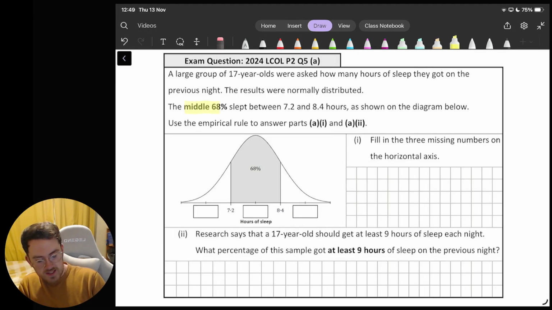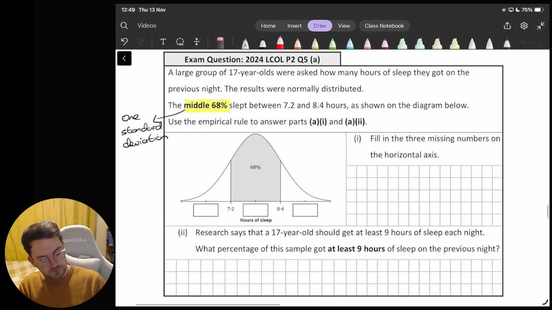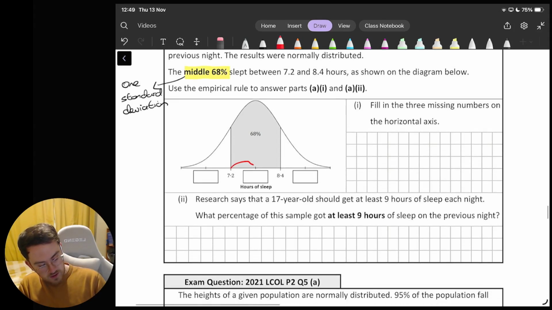We already know that 68% should represent one standard deviation. So going up one of those standard deviations, one of those steps, and going down one of those standard deviations. So going from here to here and from here to here should be 2 steps or 2 standard deviations. Let's see what that distance is. 8.4 to 7.2, well, that's 1.2.